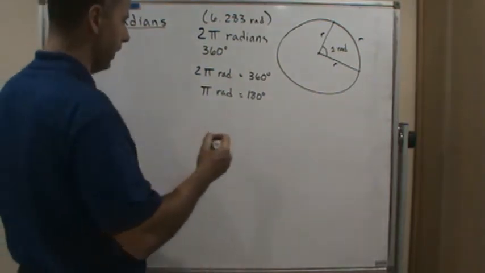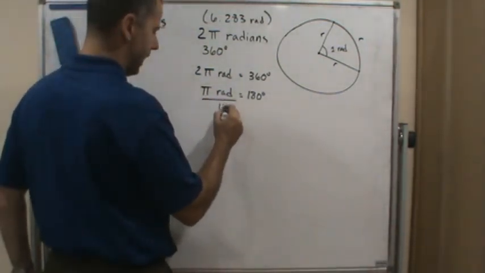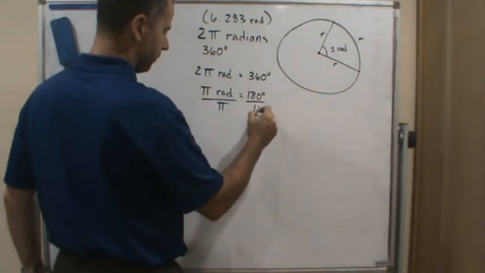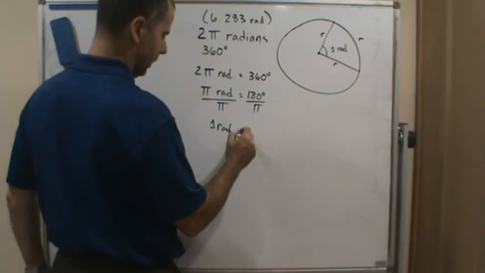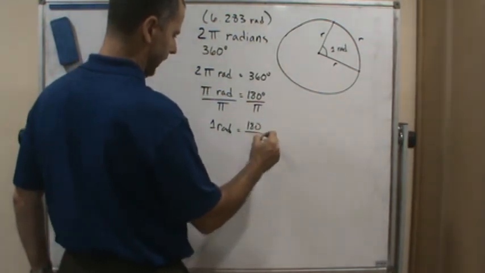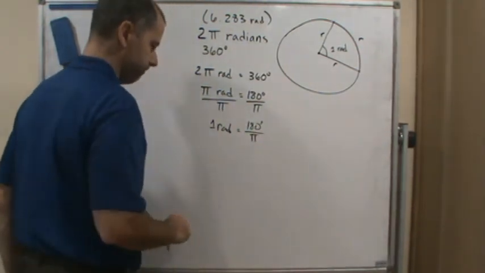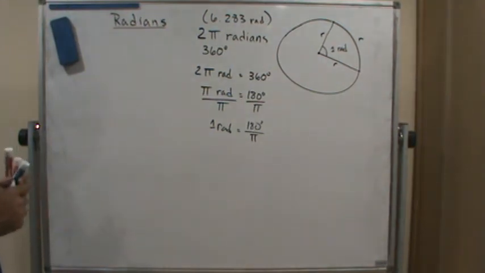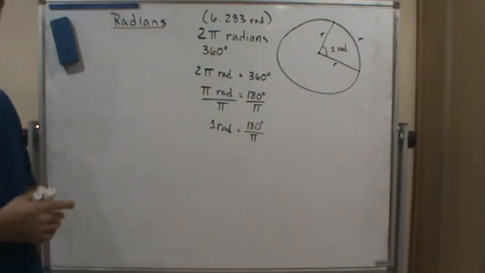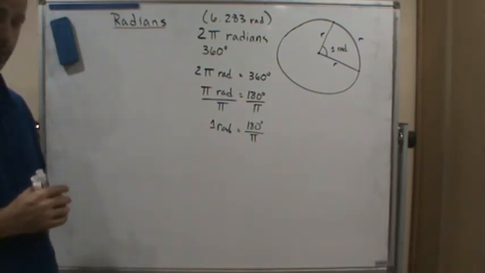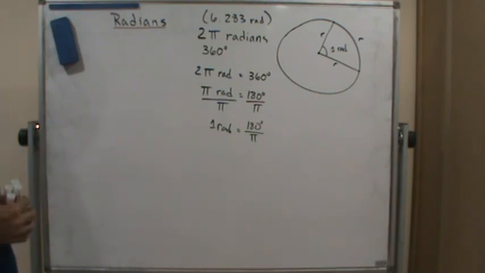And so if we divide both sides by pi, we find that 1 radian is equal to 180 degrees over pi. Okay, and so this is information that's going to be very helpful in helping us to convert and go from degrees to radians and radians to degrees. Okay, see you next time.